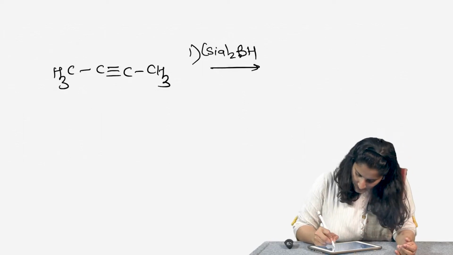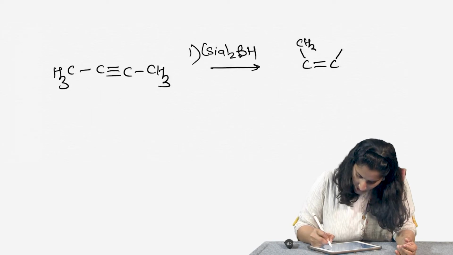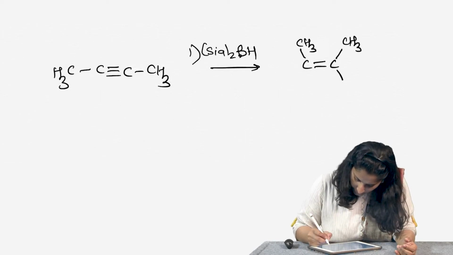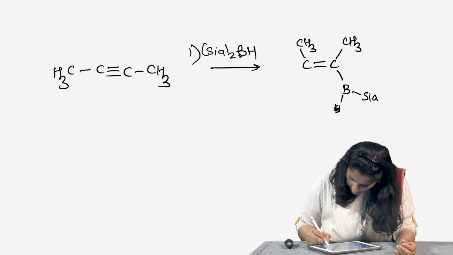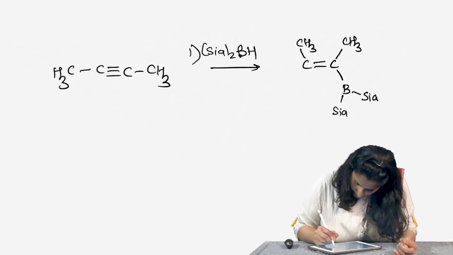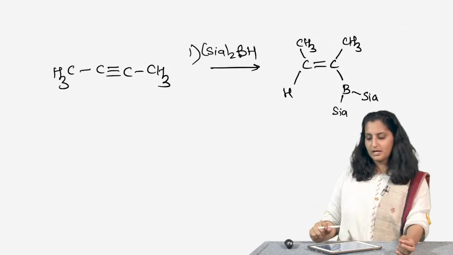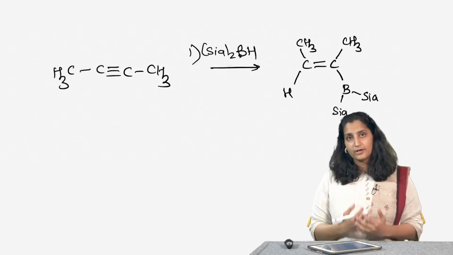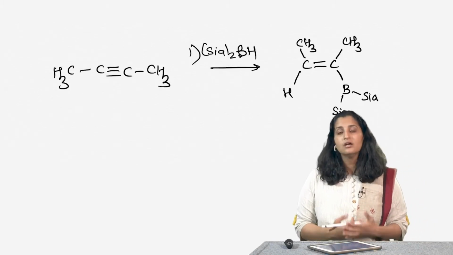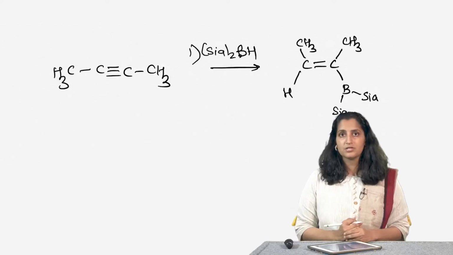What it forms is the syn addition of the borane and the hydrogen across the carbon-carbon triple bond. Remember, the second step of hydroboration is actually oxidation. So, in the second step we are going to react this with H2O2 and NaOH.